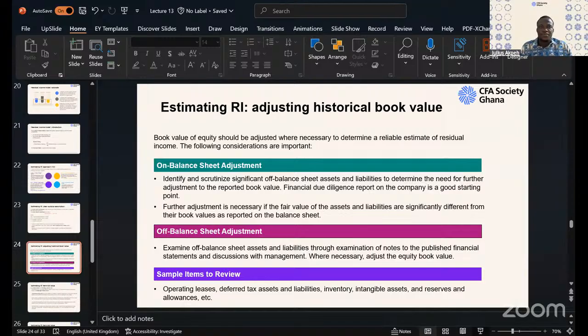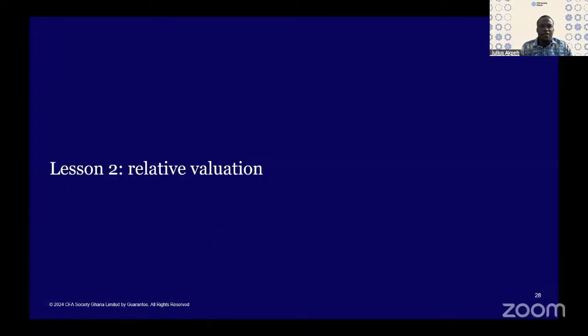Is my screen visible? So we have relative valuation. Okay, my screen is visible. Thank you, guys. Let me grab a glass of water, just 30 seconds, please.